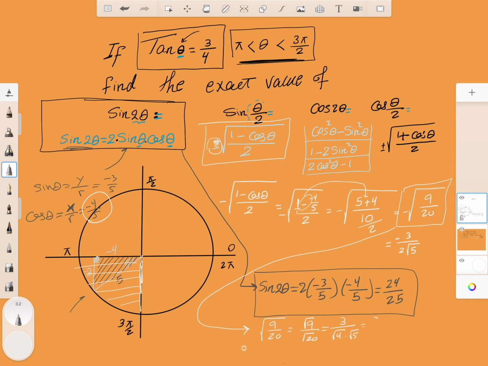Radical 4 is 2. So this will be 3 over 2 root 5. Now we have to rationalize the denominator. Multiply by radical 5 over radical 5. The final answer will be negative 3 root 5 over 10.